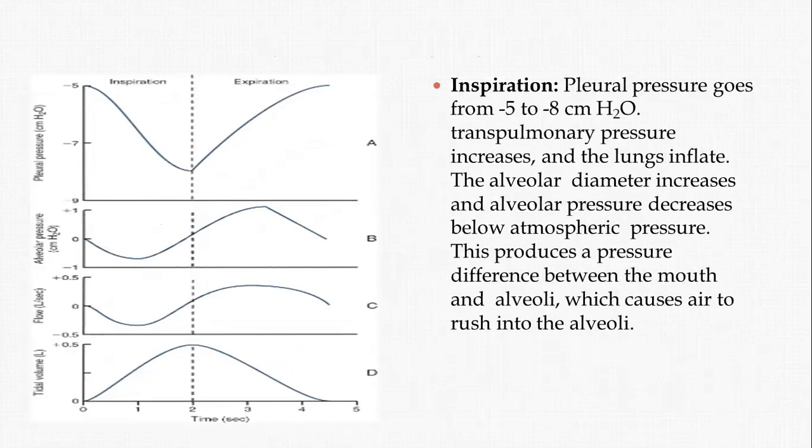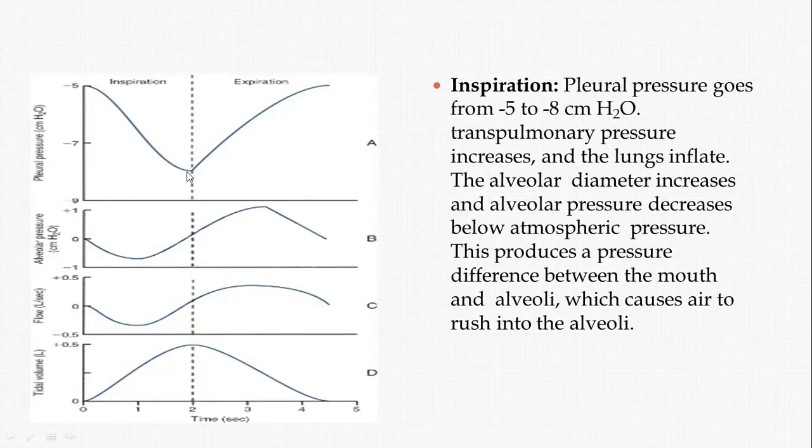So during inspiration, the pleural pressure goes from -5 to -8 centimeters of water. The transpulmonary pressure will be increased, and the lungs will be inflated because negative pressure will be pulling air inside.